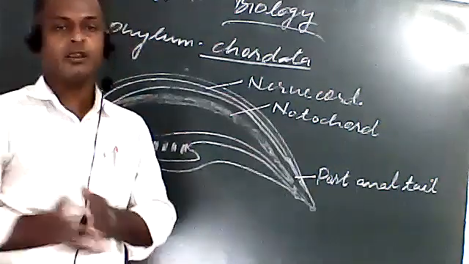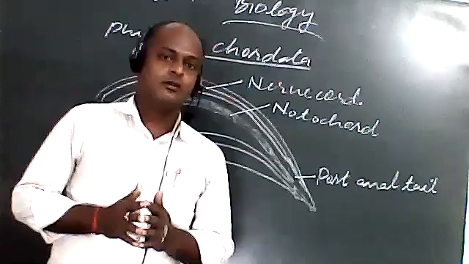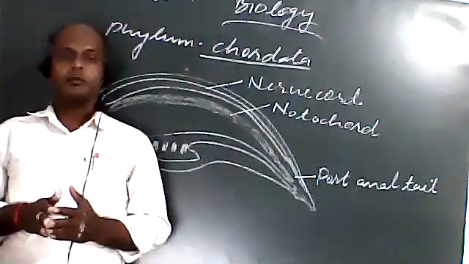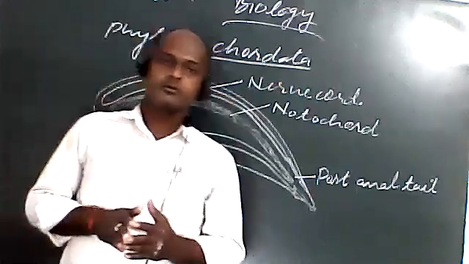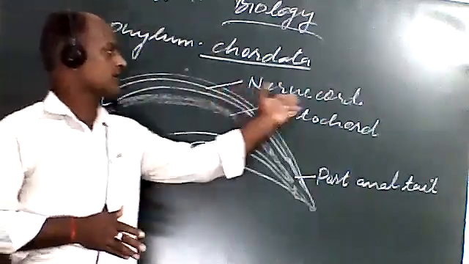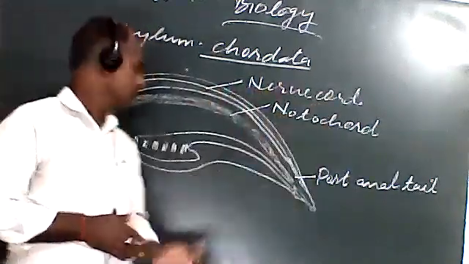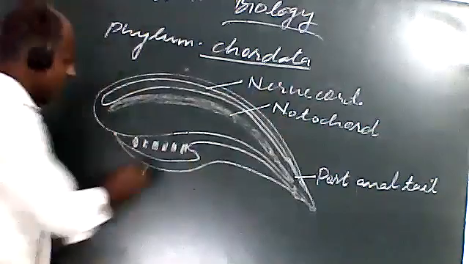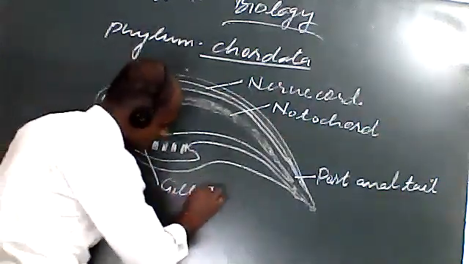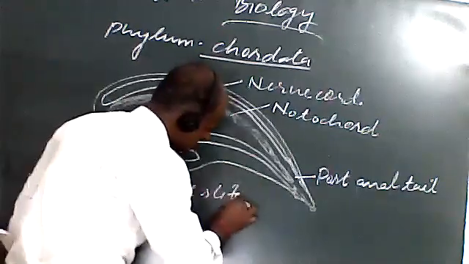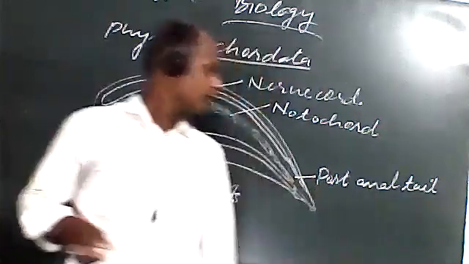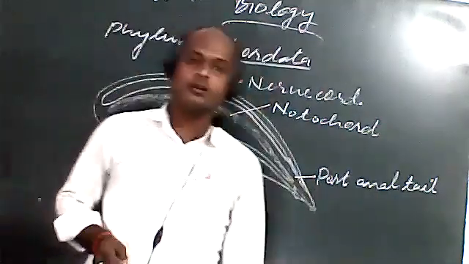As we have studied, organisms are categorized in two categories on the basis of some characteristics, and those special characteristics are nerve cord, notochord, gill slits, and the last one is the post-anal tail.